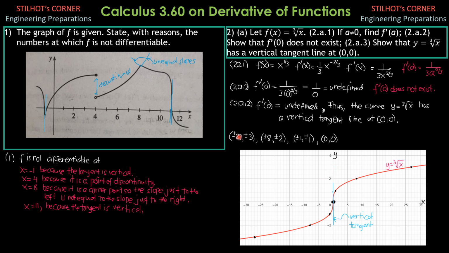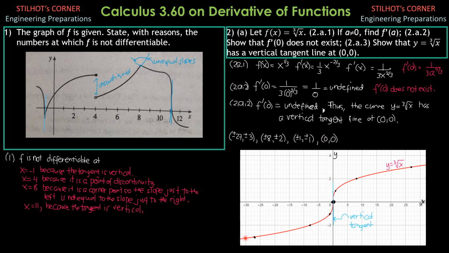When negative 27, the cube root of negative 27 is negative 3. Then positive 8, the cube root of 8 is positive 2. Then the cube root of negative 8 is negative 2. The cube root of positive 1 is 1, and the cube root of negative 1 is negative 1. And finally, when x is 0, y is 0.